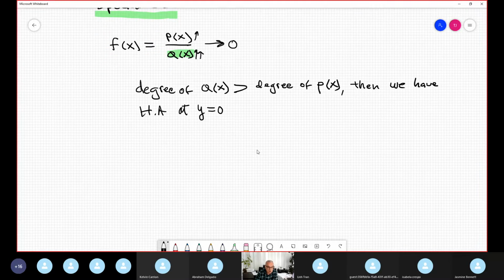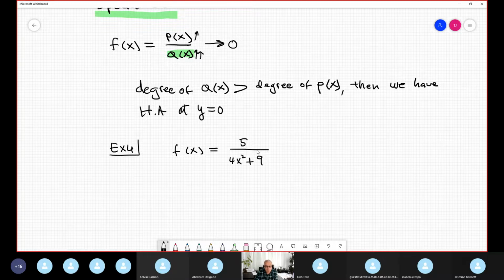Suppose that we have example 5, no? I think it's 4. Example 4, okay. Suppose this: f of x equals 5 divided by 4x squared plus 9.